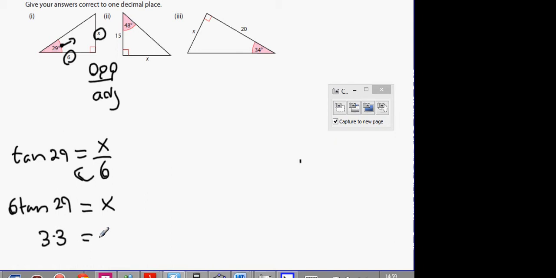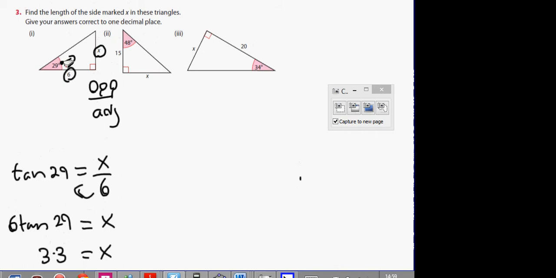Okay, I'll show you another way of doing it. If this angle here is 29, what does it make this angle up here? Anybody at all? 90 minus 29, which is? Let's go for 61.